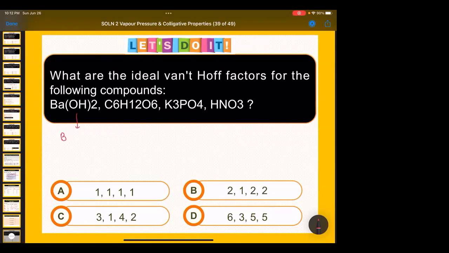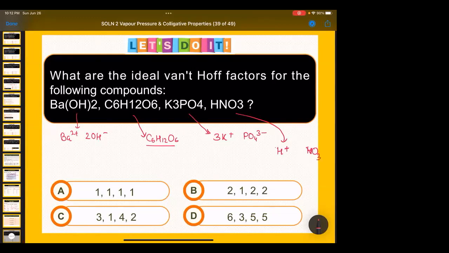So barium hydroxide is going to form a barium ion and 2 hydroxide ions. Glucose is going to stay as glucose. Potassium phosphate is going to form 3 potassium ions and a phosphate ion. And HNO3, we know it is a very famous acid.